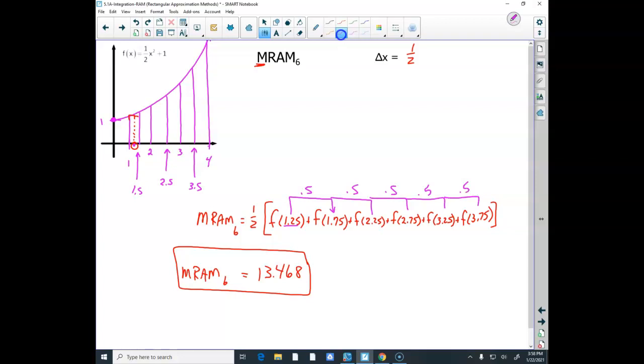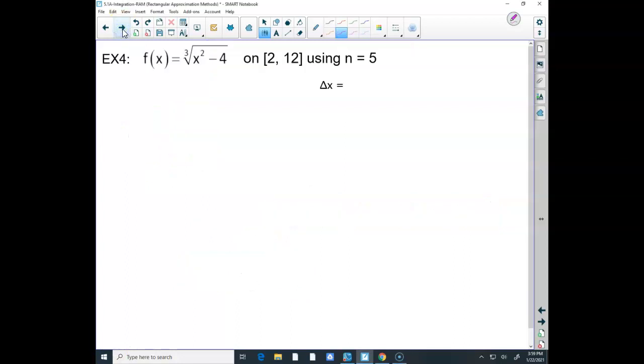If you know the first one, you just keep adding your width to find the next midpoint. Add your width to find the next midpoint. And then you plug them in. I'm never going to have you do all these decimals and really disgusting things without a calculator. So you type it in, you get the mid-RAM is 13.468, hopefully.